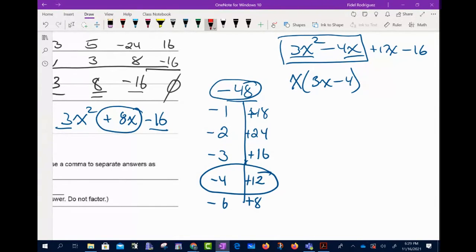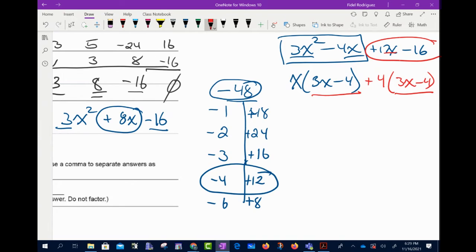And then I'm going to look at these two pieces right here, 12x and 16. And I want to think of what number goes both into 12 and into 16. And I want to think of the biggest number that goes in. So I know I can divide them both by 2, but we can also divide them both by 4, right? Okay. So 4 goes into 12 3 times, 4 goes into 16 4 times.